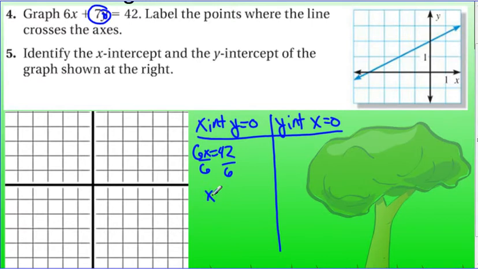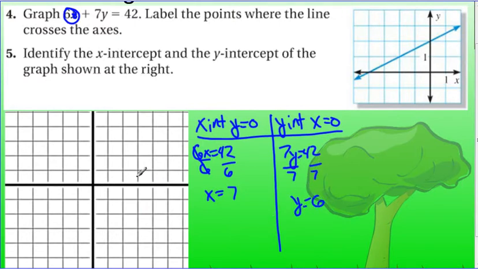X equals 42 divided by 6. Does that go in evenly? Yeah, 6 times 7 is 42. Yeah, I can math. And then on the other side, x is 0, so we get 7y equals 42. Divide by 7, divide by 7, y equals 6.